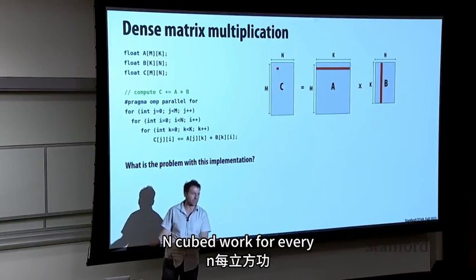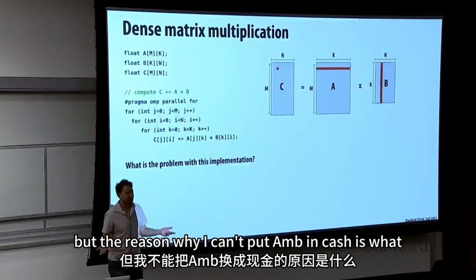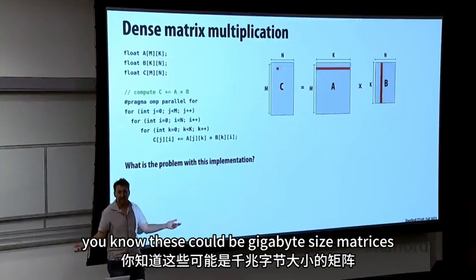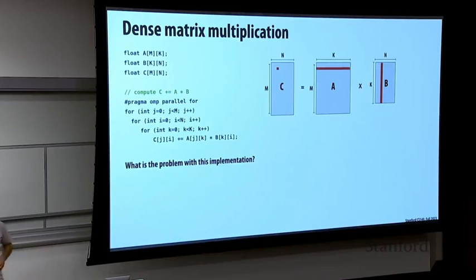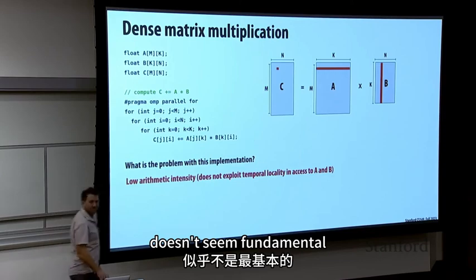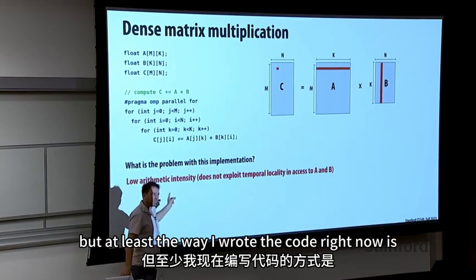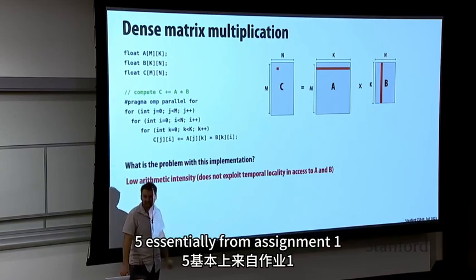But the reason I can't put A and B in cache is they're big. These could be gigabyte-sized matrices. So this low arithmetic intensity doesn't seem fundamental, but at least the way I wrote the code right now, I'm screwed. I'm running problem 5, essentially, from assignment 1.